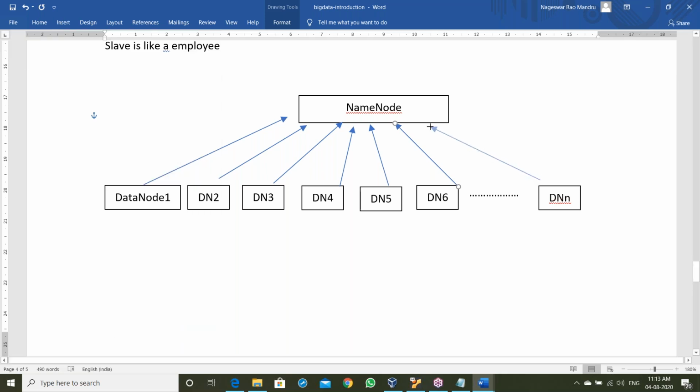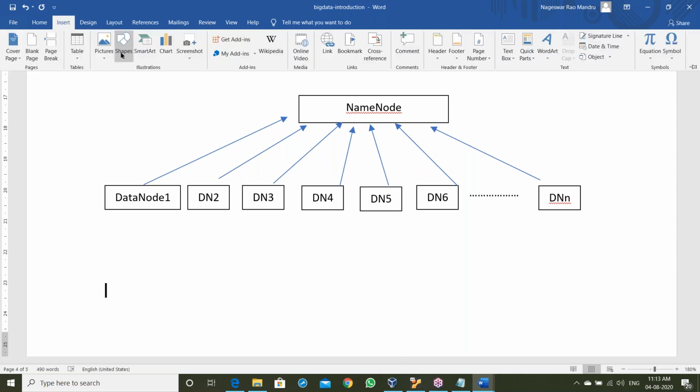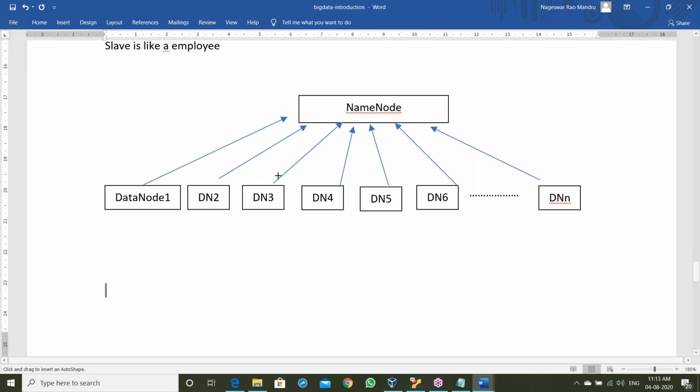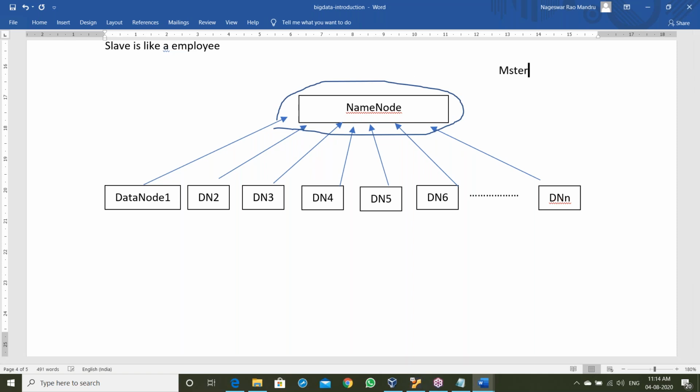What kind of communication, we'll see next. Now the name node is called the master.